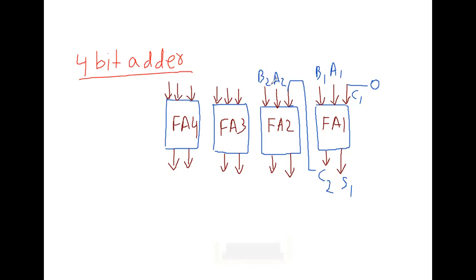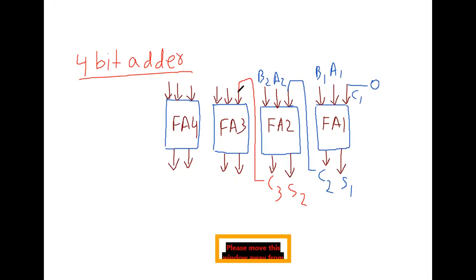This one is S2. This one is C3, and this C3 is connected to this one. Then this one is A3, then B3. Then this one is S3, then C4, which will be connected to here.